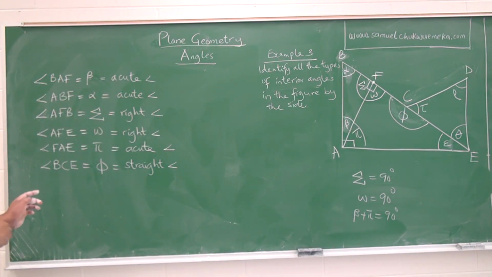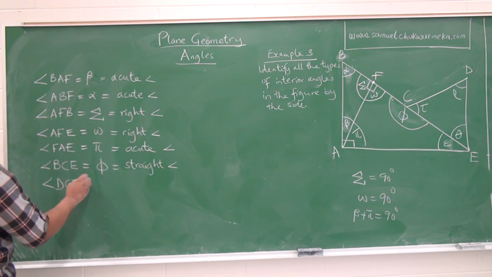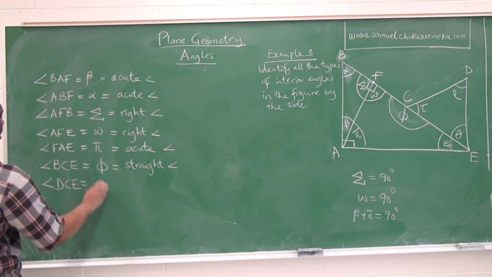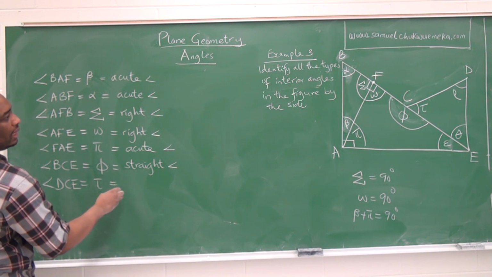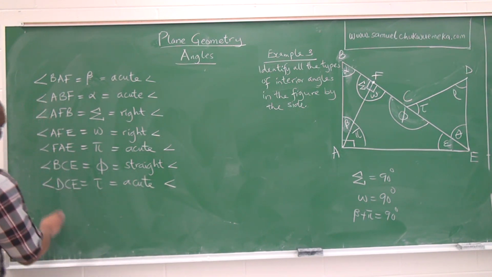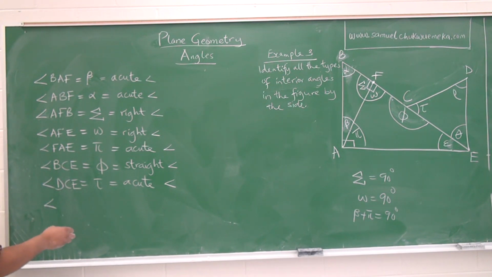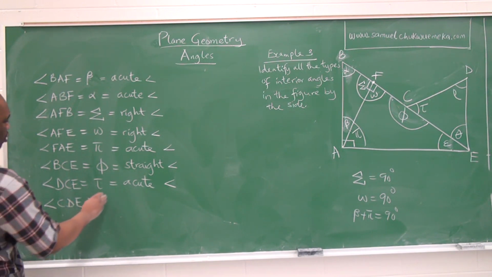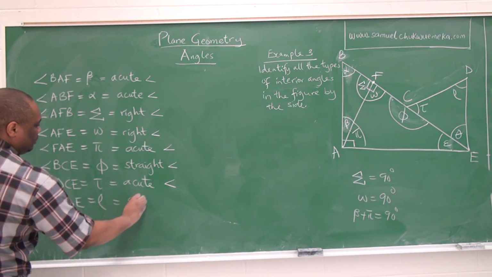Okay, the next one is angle DCE. Angle DCE is tau, and that is an acute angle. Angle CDE is rho, and that is an acute angle.